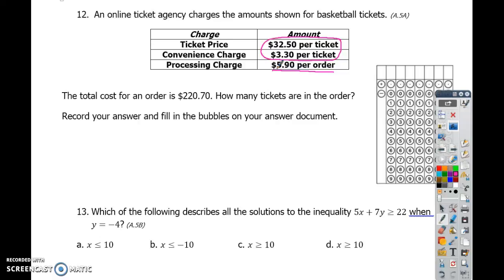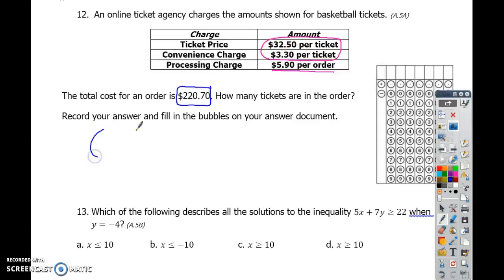They want to know how many tickets this person ordered if it was a total cost of $220.70. Okay? So what do we know about each ticket? Each ticket you have to pay $32.50 plus $3.30.